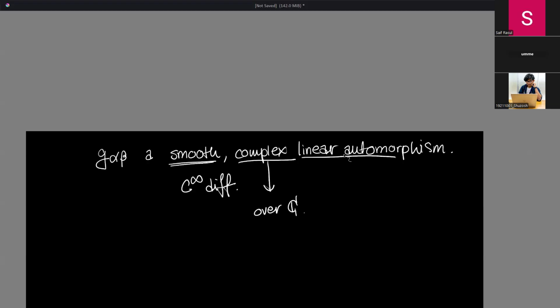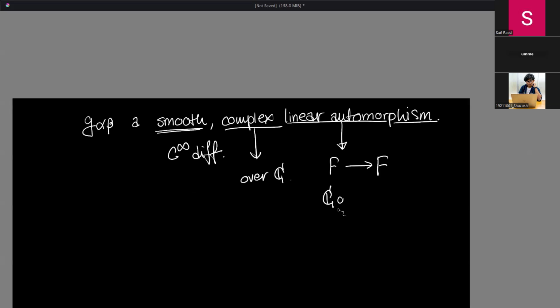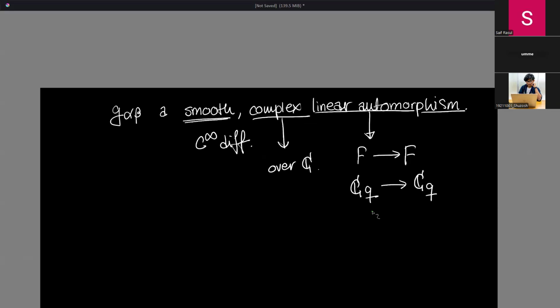Linear automorphism means that it goes from F to F. In this case, F is being taken to be C^q. This is partially because any finite dimensional vector space is isomorphic to any other finite dimensional vector space of the same dimension. So even if it wasn't C^q, we could say that it was a space that was isomorphic to C^q.